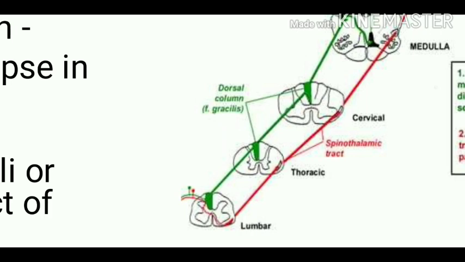Now, directly from the dorsal root ganglion, these fibers enter the spinal cord and directly enter the dorsal column. These neurons do not synapse in the spinal cord. Some fibers of the medial division of the dorsal nerve root descend through the posterior white funiculus.